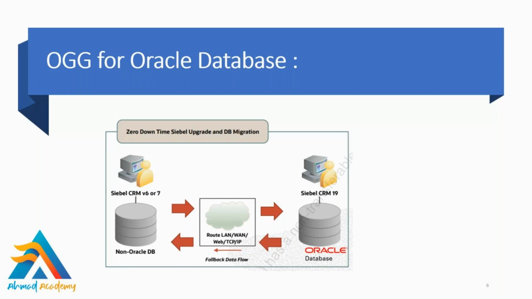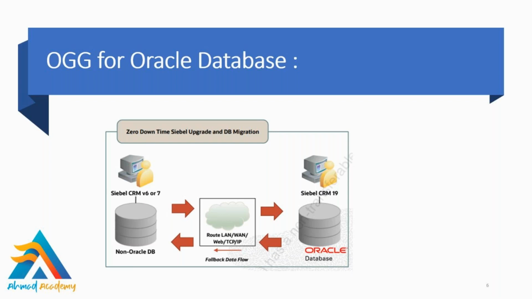So whenever a database, an application, an operating system or hardware must be upgraded or migrated, Oracle Golden Gate enables zero downtime upgrades by synchronizing the new system with the existing one, so that users can immediately switch over as soon as the data is fully synchronized.